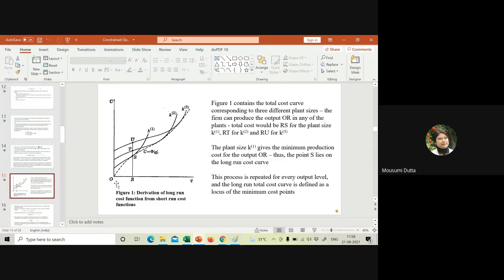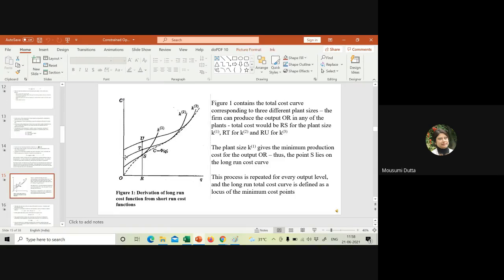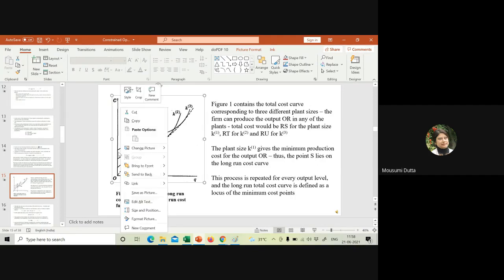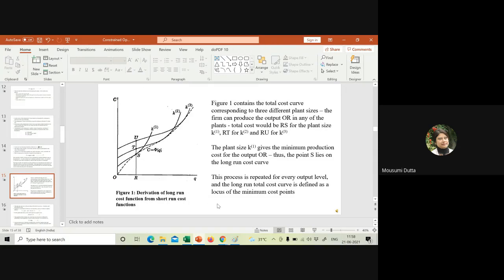Now, if I like to produce OR with plant 1, the point S will correspond to the total cost.